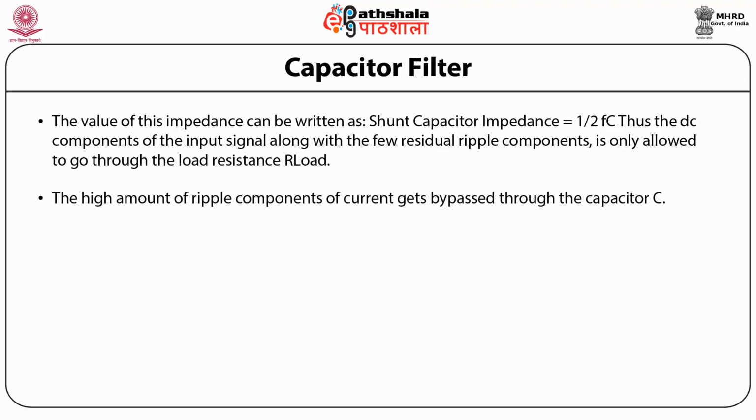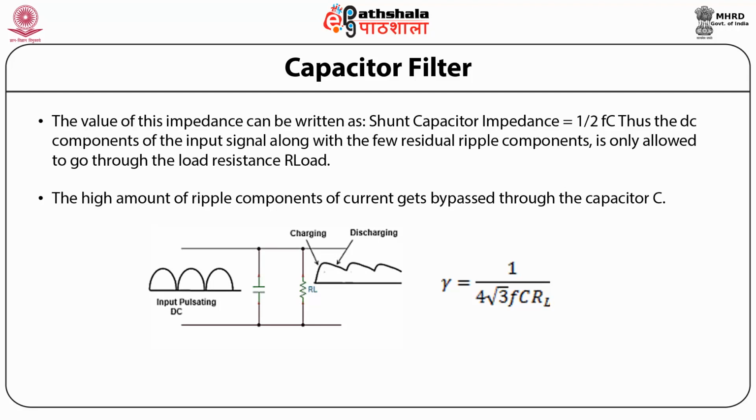The high amount of ripple components of current gets bypassed through the capacitor. As you can see over here, there is a difference between the input pulsating DC, which gets filtered after passing through the capacitor, and the ripple factor is given by 1 by 4 root 3 f C RL.